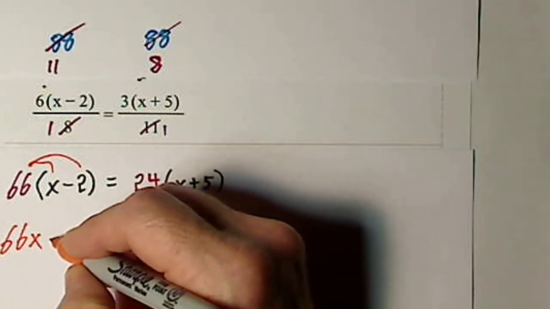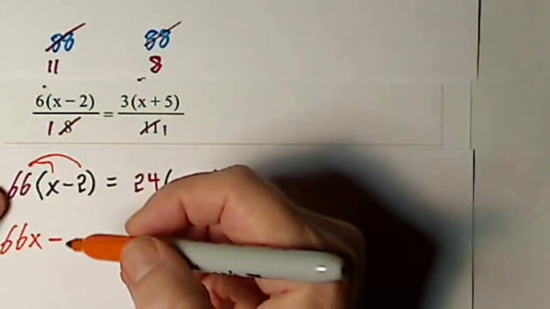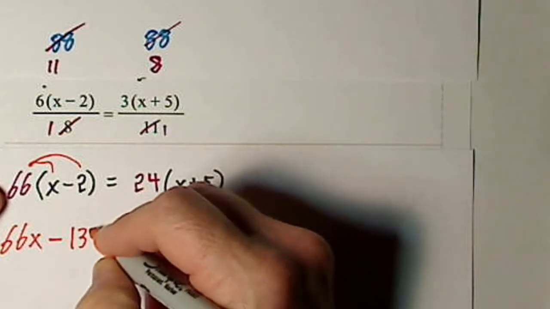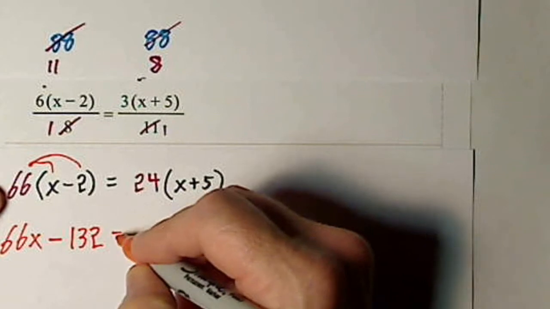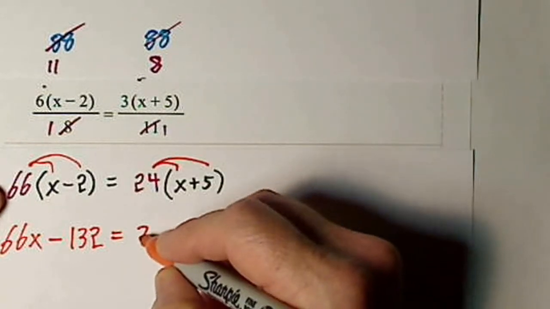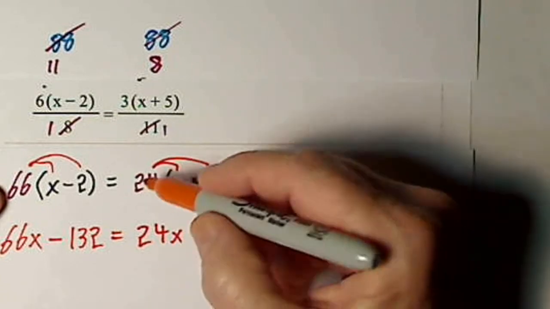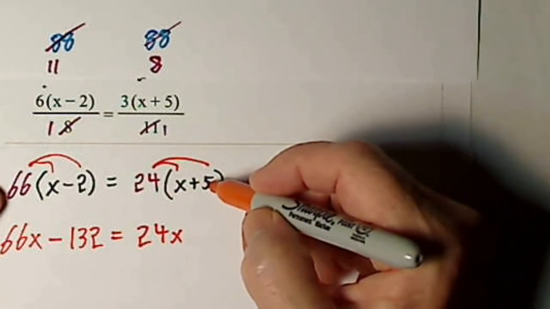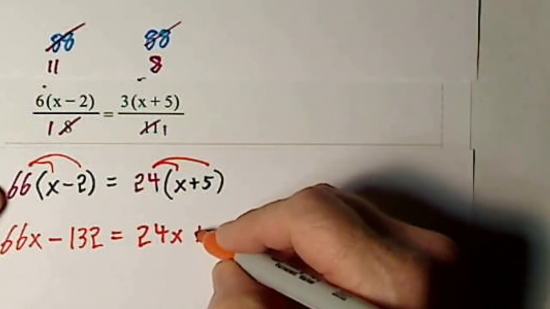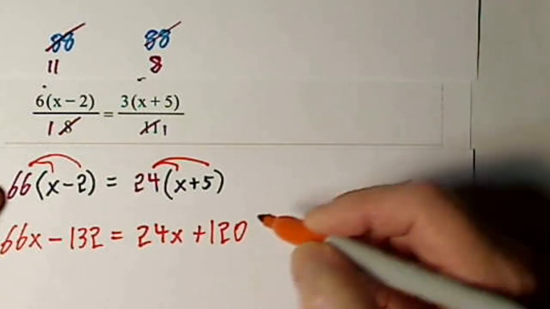Then we have 2 times that 66, 120, 132. Bring down your equal sign. And distribute your 24. So that's a 24x, and 5 times 20 is 100. 5 times 4 is 20, so that's plus 120.